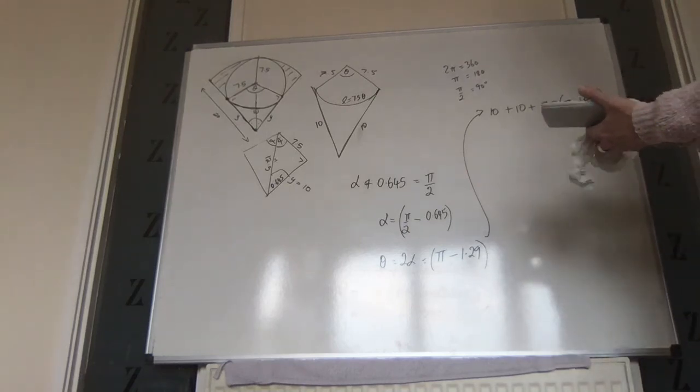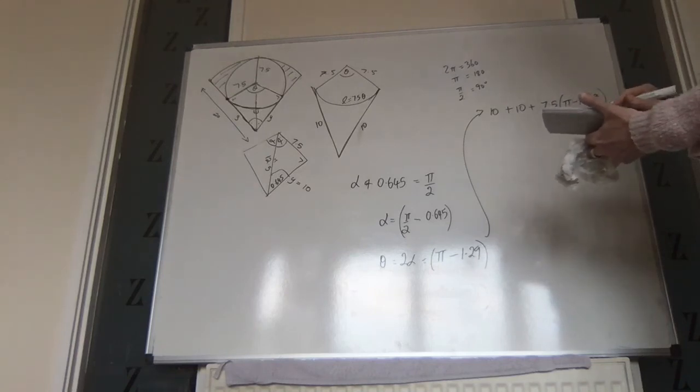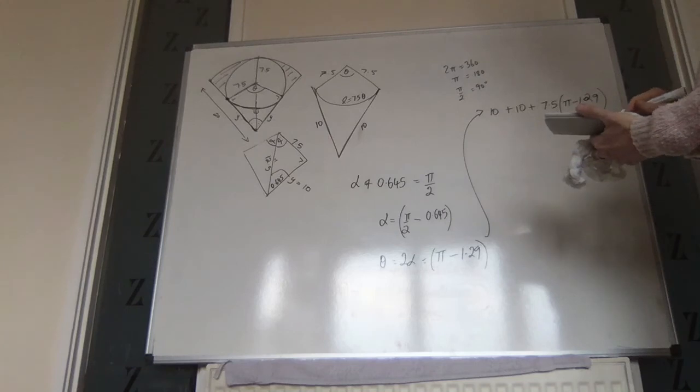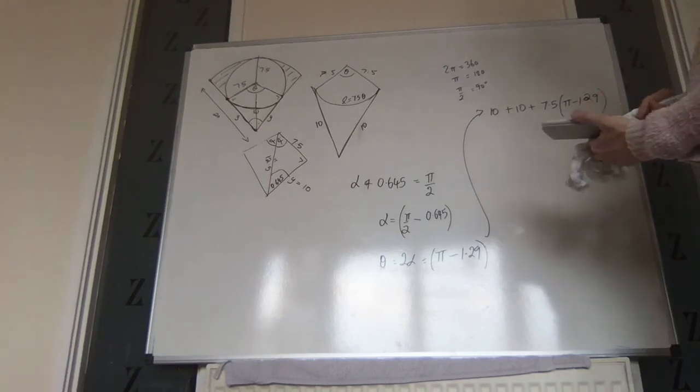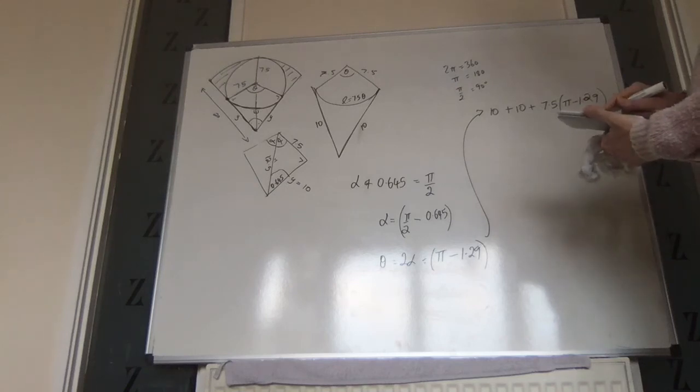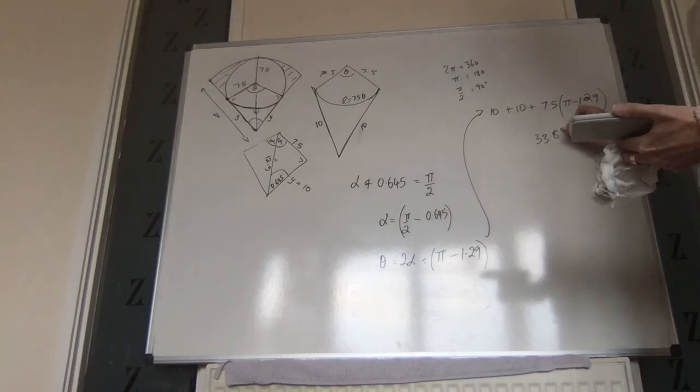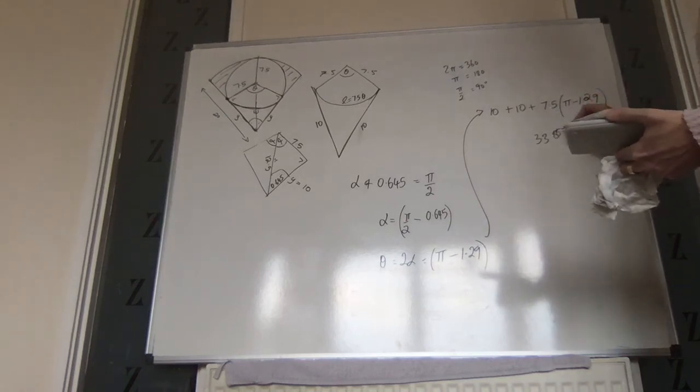And that turns out to be 10 plus 10 plus pi minus 1.29 multiplied by 7.5, which is 33.887.